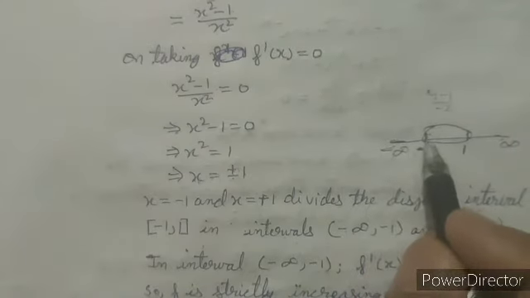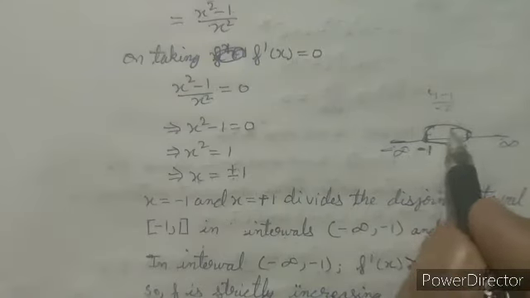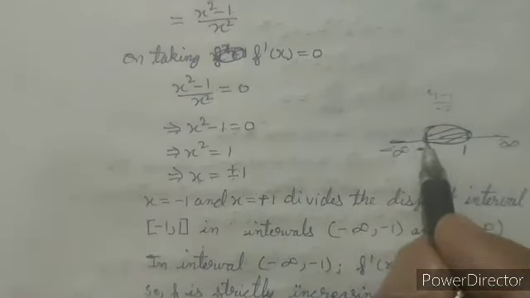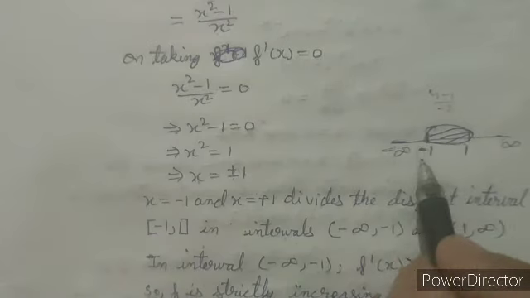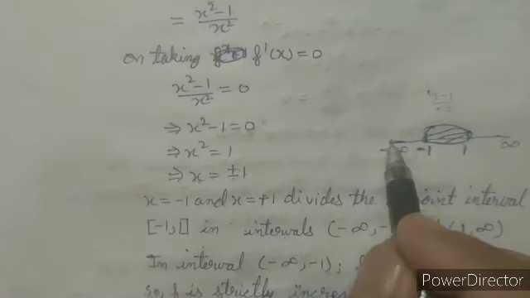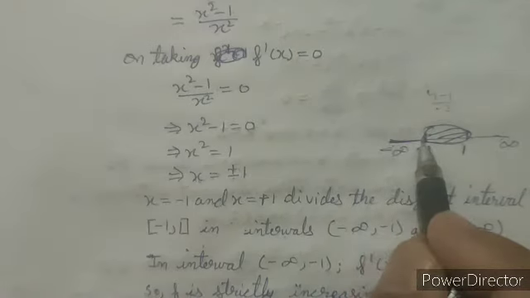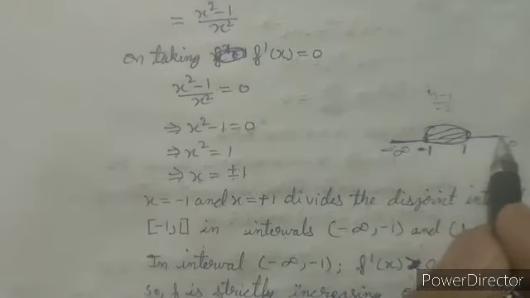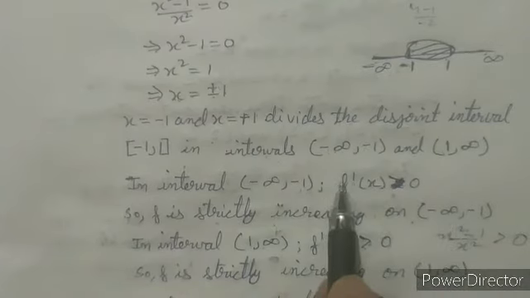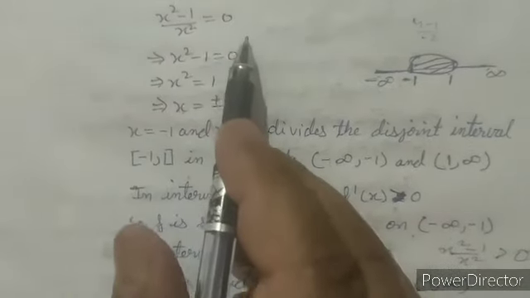Now the interval is disjoint from minus 1 to 1. So minus 1 and 1 divide it into two disjoint intervals, that is minus infinity to minus 1 and from 1 to infinity. Now in interval minus infinity to minus 1, f dash x will be greater than 0.